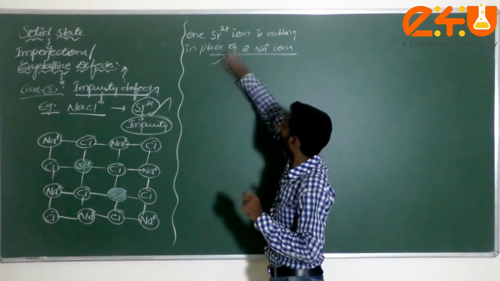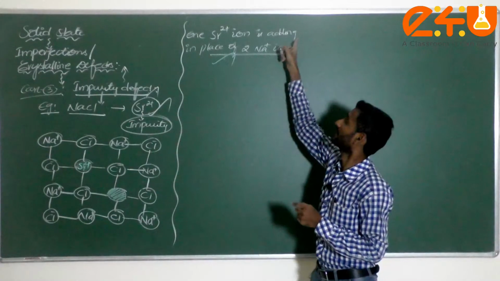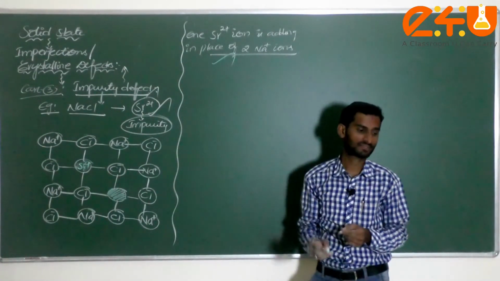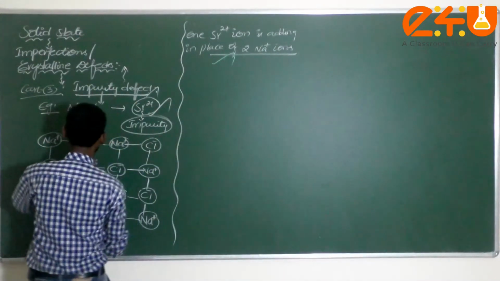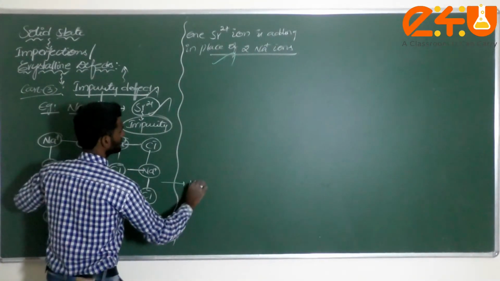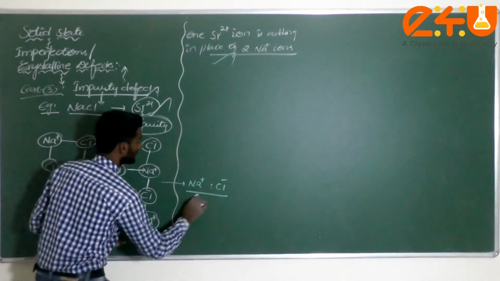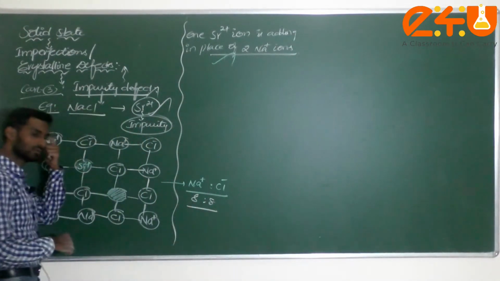In this impurity defect, one Sr2+ ion is added in place of 2 Na+ ions. Initially, without adding this, the ratio of Na+ and Cl- is 8:8.